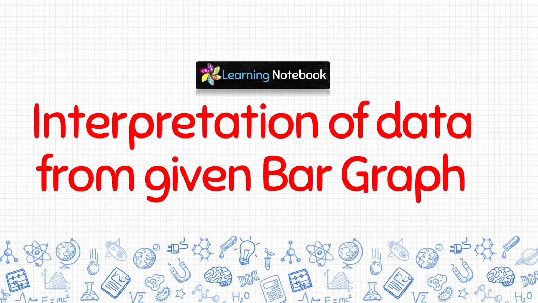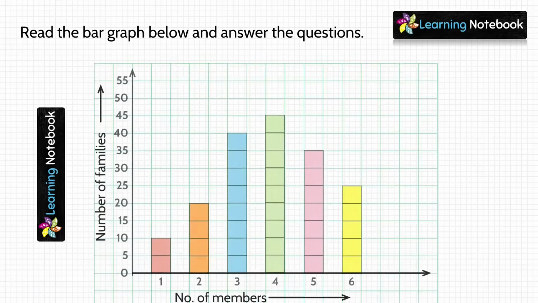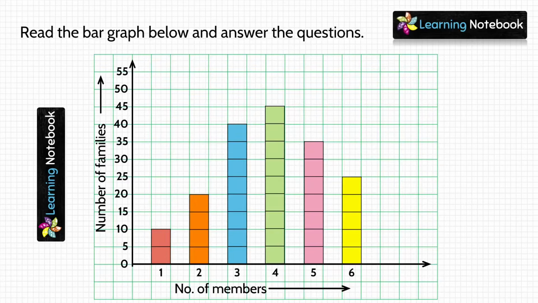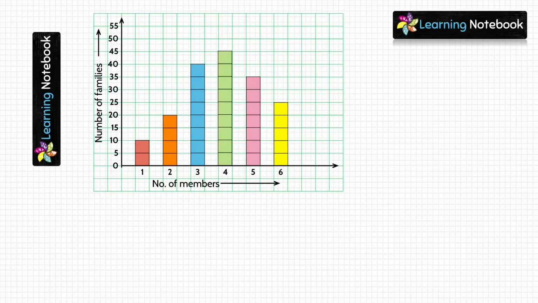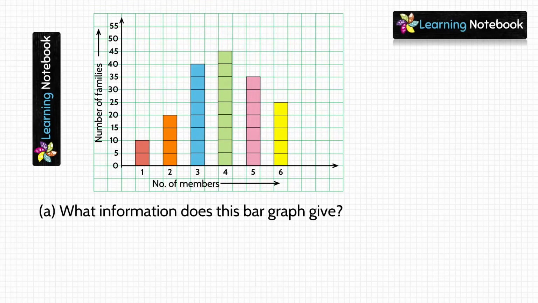Next, we are going to learn how to interpret the data from the given bar graph. So here we are given with a bar graph and we have to understand this bar graph and answer some questions. Question 1 is, what information does this bar graph give?